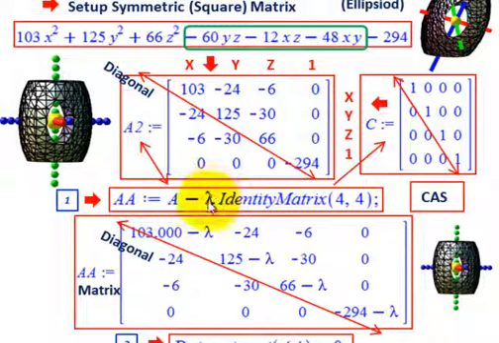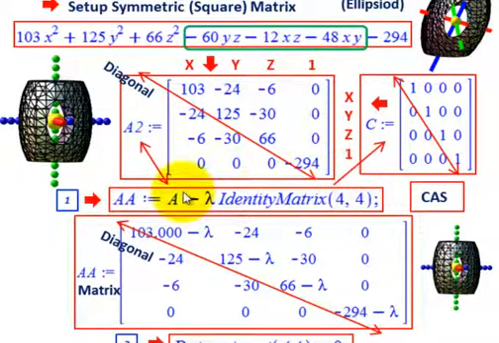I'm just using the symbol lambda because that's generally what they use. The identity matrix here is 4 rows, 4 columns. It matches our symmetric matrix, only along the diagonal we have 1, and all the other entries are 0. Okay, so that's our identity matrix.